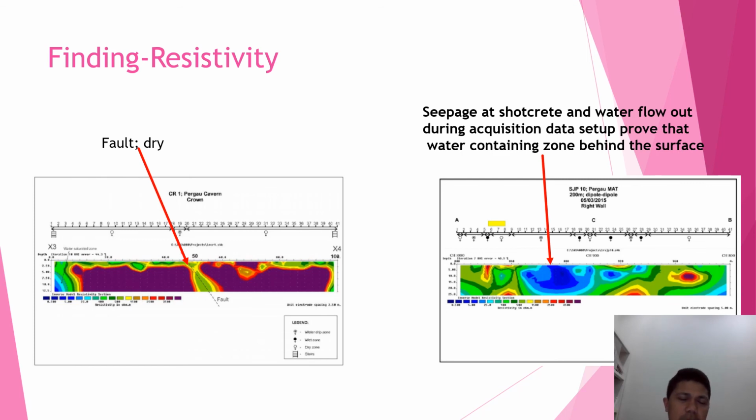The bedrock is very clear, solid bedrock, and then suddenly you have a low resistivity anomaly, maybe a dry fault. If saturated with water, maybe blue color, which is normally related to very low resistivity values.